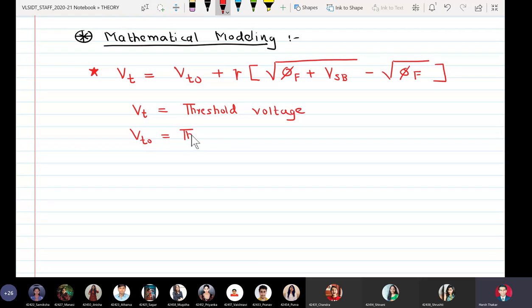Vt0 is the threshold voltage in absence of body effect.